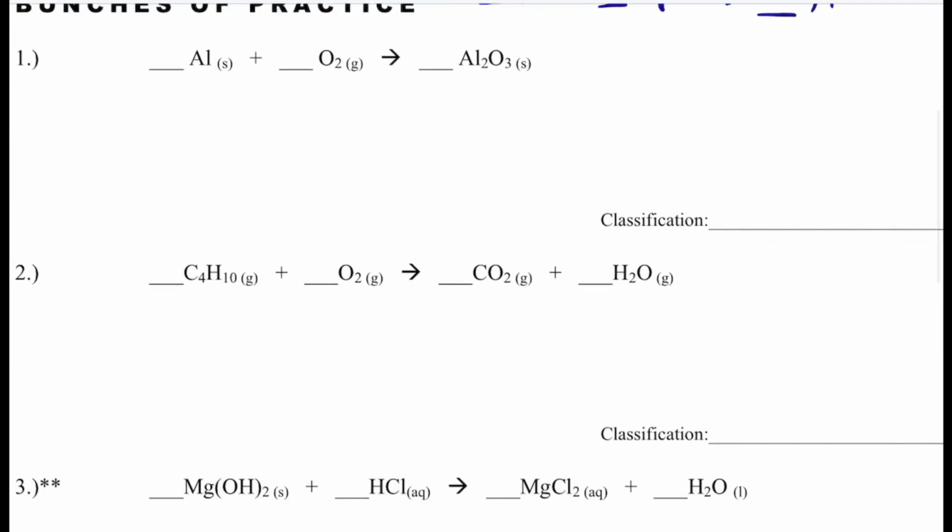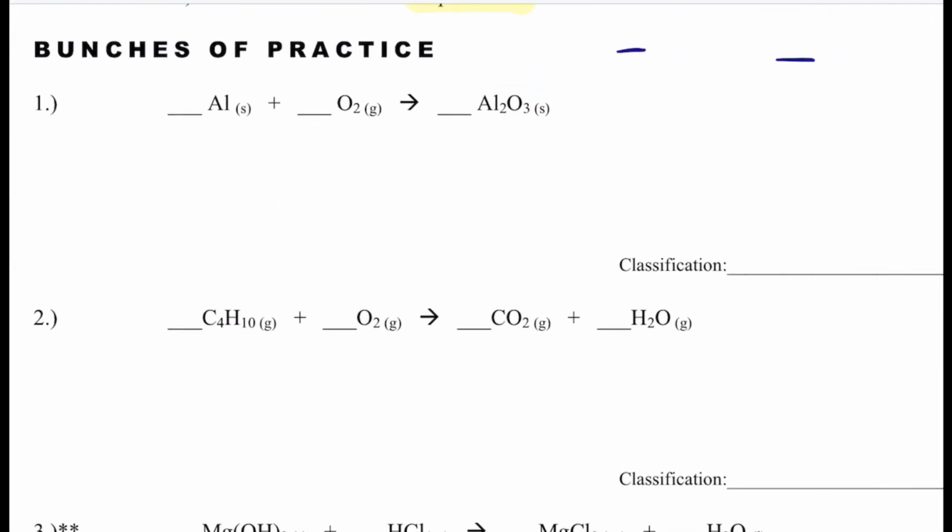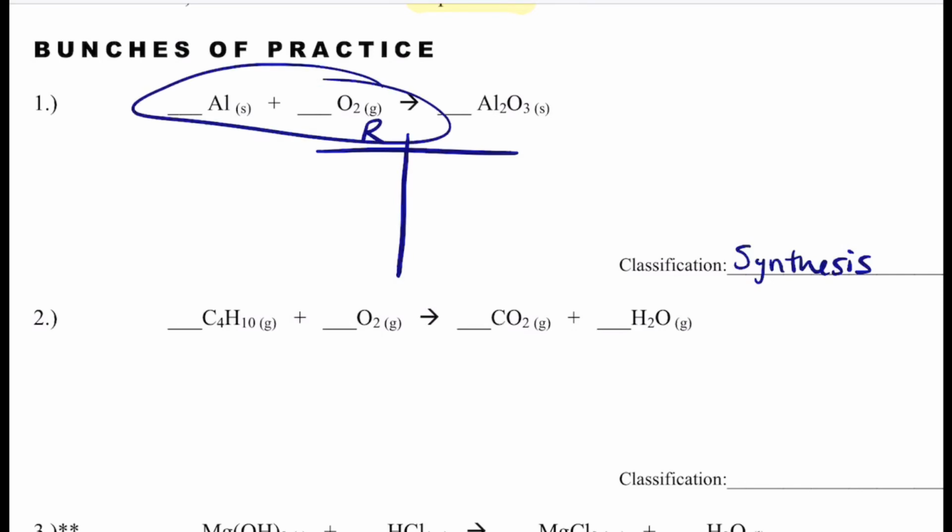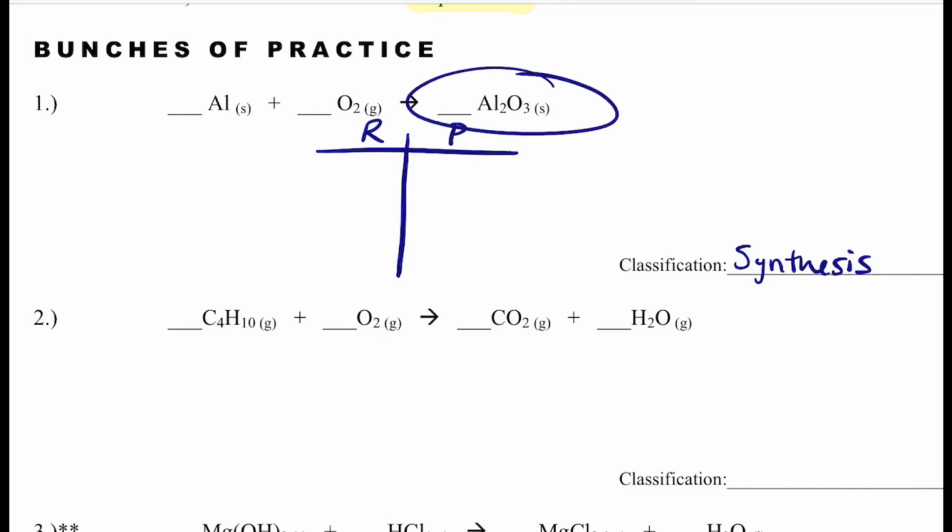When we look at this first one, we can classify this reaction, and this is a synthesis reaction. As I go through and make a T-chart, I'm going to put R for my reactants, that's these two things that are reacting, and a P for my products, that's whatever is being formed. Then I'm going to break it down by element.